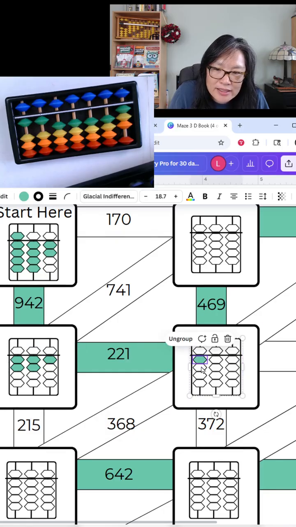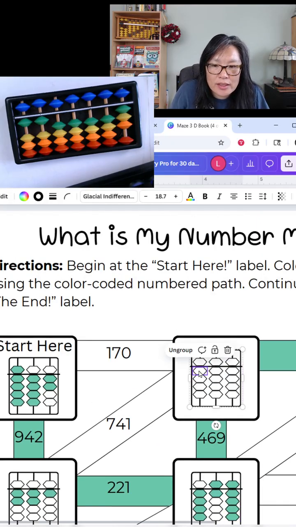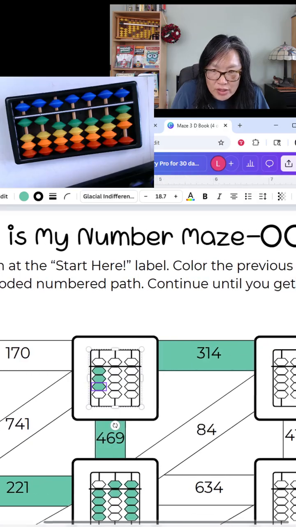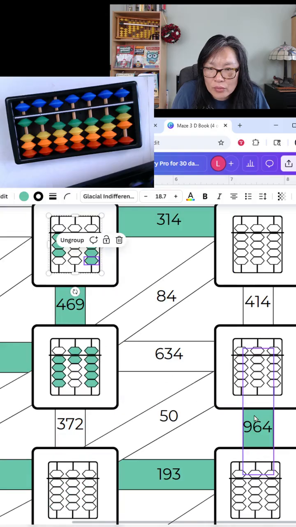I think the abacus is a forgotten tool, and they don't utilize it like they should. They usually use it like a toy, and it was never started off as a toy. It was actually started off as a tool, and I'm trying to bring it back into the modern world.